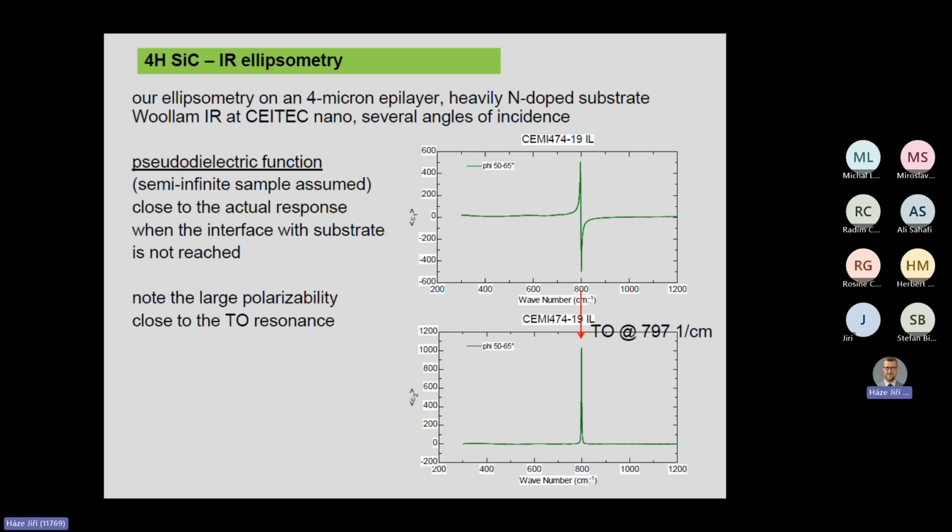We also have some undulations here because the sample is a 4 micron layer. That means it does show the interference pattern, but it's strongly suppressed at this scale with the large numbers of permittivity, or large absorption, at the TO wave number frequency.